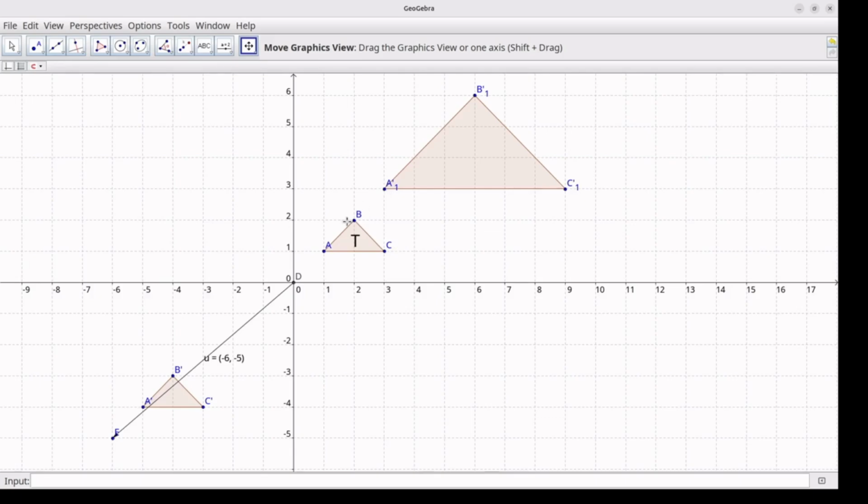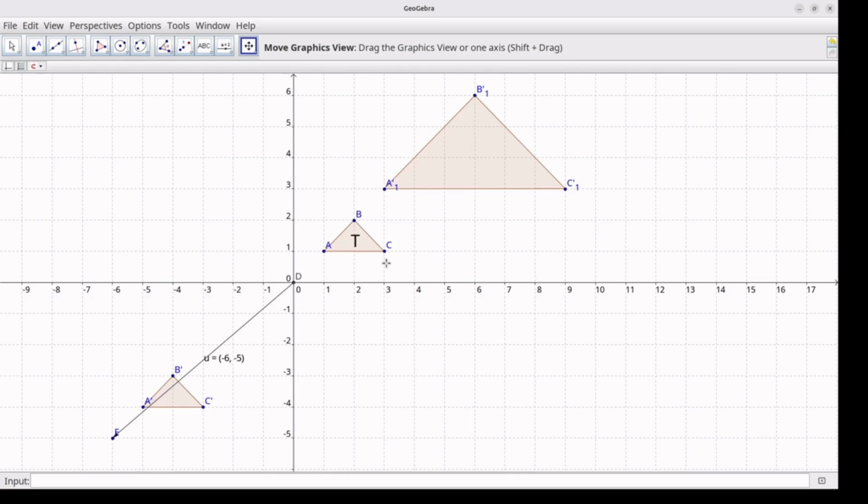Similarly, for the second coordinate (2, 2), just multiply it by 3 and you are going to get (6, 6). Then go to the center and locate that: 1, 2, 3, 4, 5, 6 across, then 6 up, and that's the result.